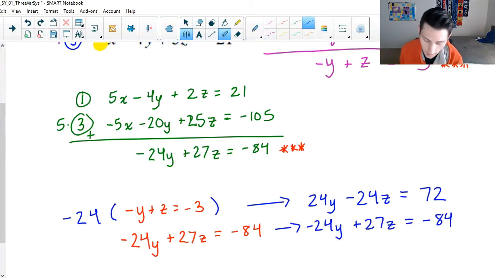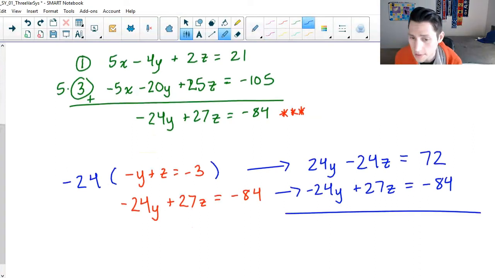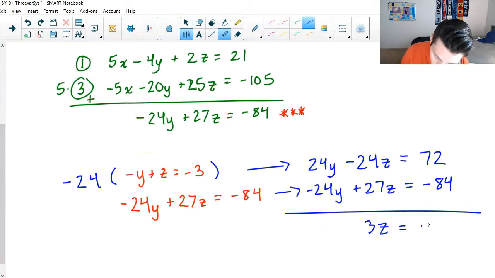So negative 84. And then we add our two equations together. So that'd be 0y plus 3z. And then 72 plus negative 84 would be negative 12.